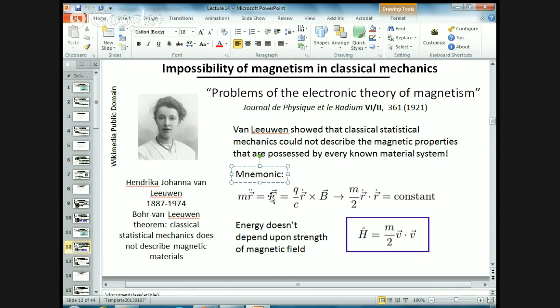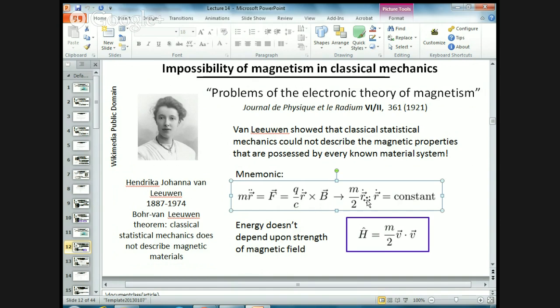The force on a particle in a magnetic field by the Lorentz equation is proportional to the cross product of the velocity and B. Now I hope you can see that from this equation, if we take the scalar product with r dot, which is the velocity, sorry for saying dot all the time, but I think you know what I mean, then that's 0, because the scalar product of the velocity with the velocity cross B is necessarily 0.